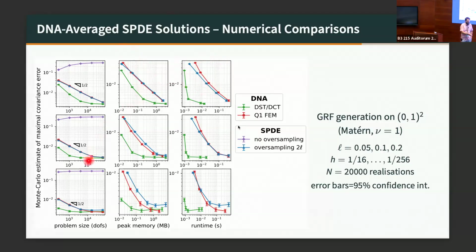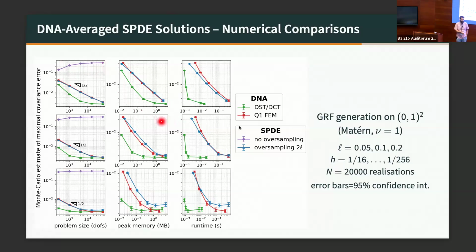In memory, you again get your factor 4 gain for these shorter correlation lengths. And in accuracy, you basically see no difference. Maybe the purple line I didn't talk about: you cannot do SPDE without oversampling. So this is what you would get without oversampling. You simply have no convergence with mesh size.